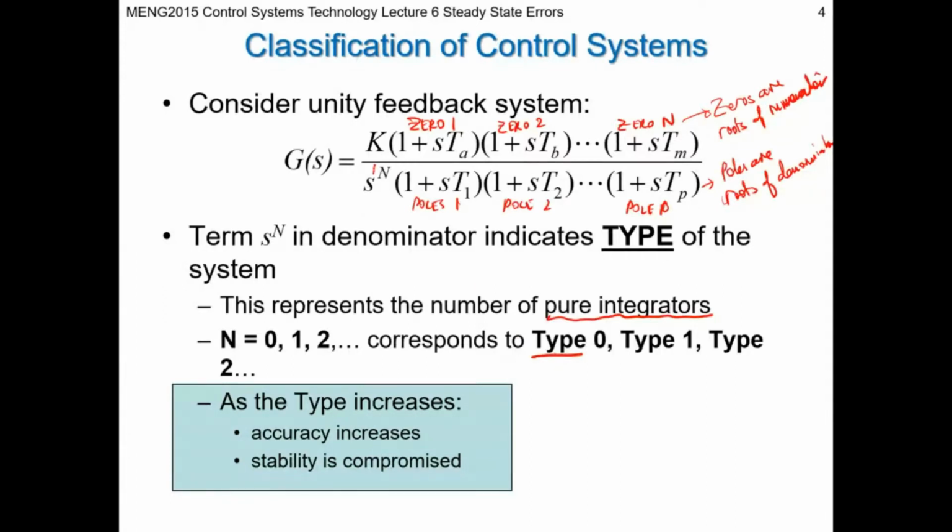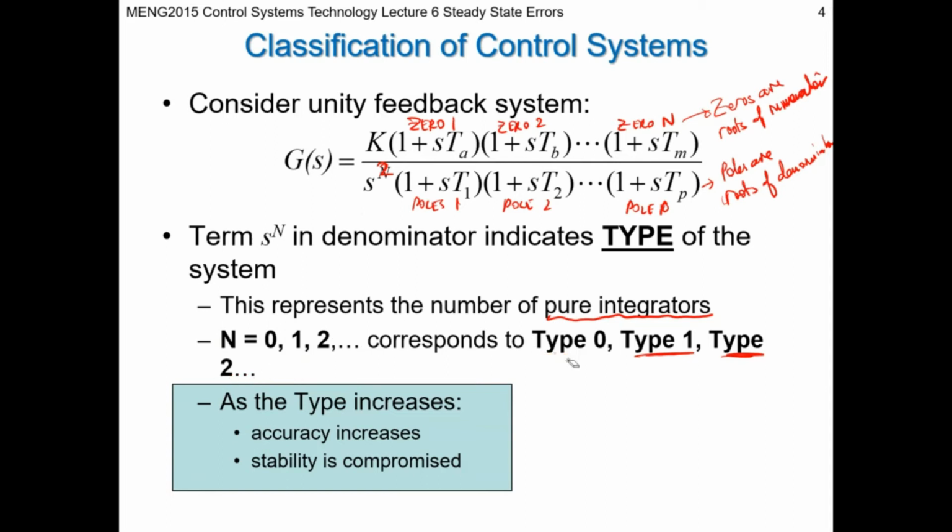If there's a pure s, effectively s to the 1, that will give us a type 1 because n is 1. If we have an s squared here, n equals 2, type 2, etc.